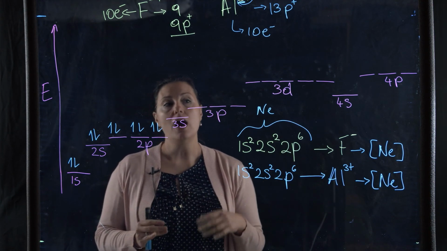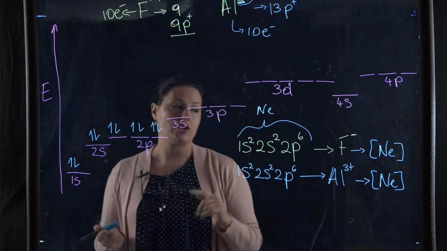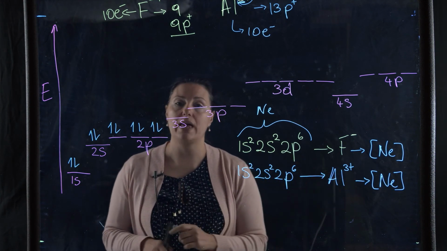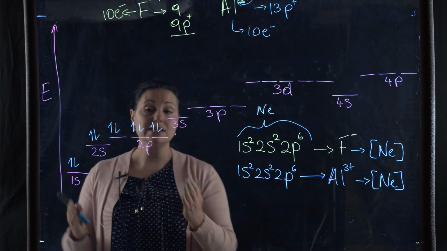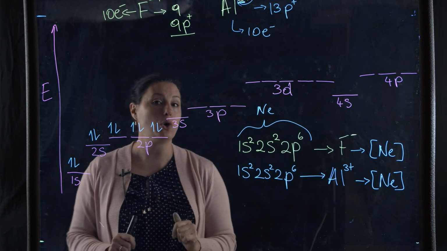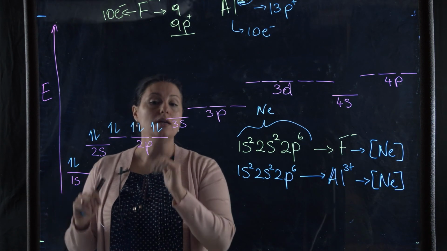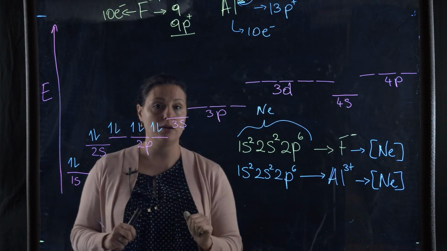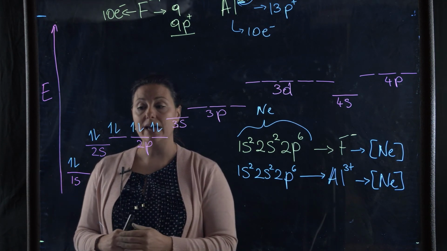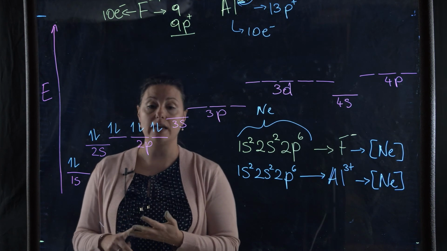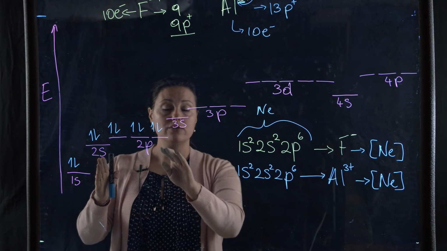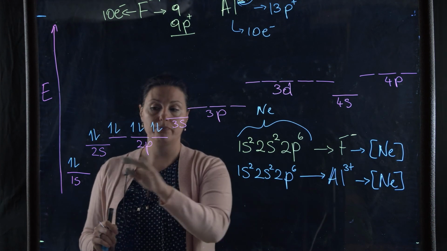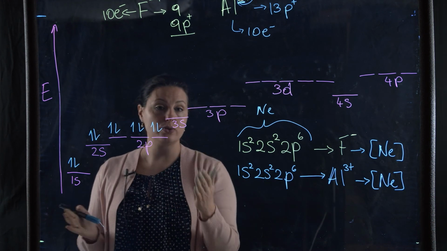Remember that all of the elements in the periodic table are losing or gaining electrons to try to get to the noble gas configuration, because noble gases are the most stable. And the reason is because they have full orbitals, full shells. All of their electrons are paired, and they do not have unpaired electrons. So for neon, level 2 is filled.